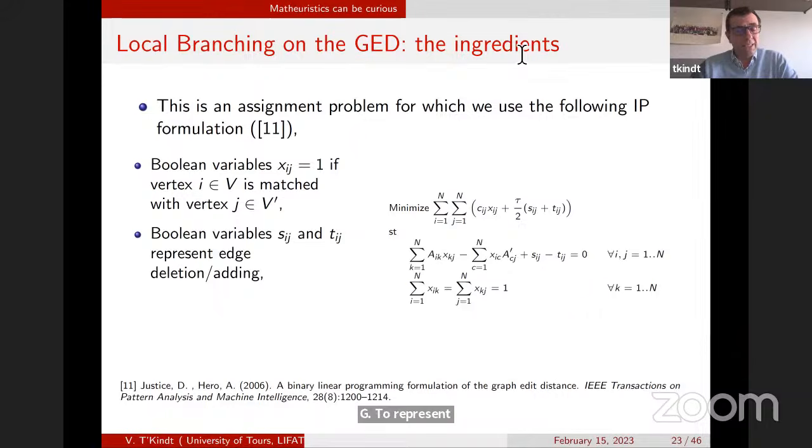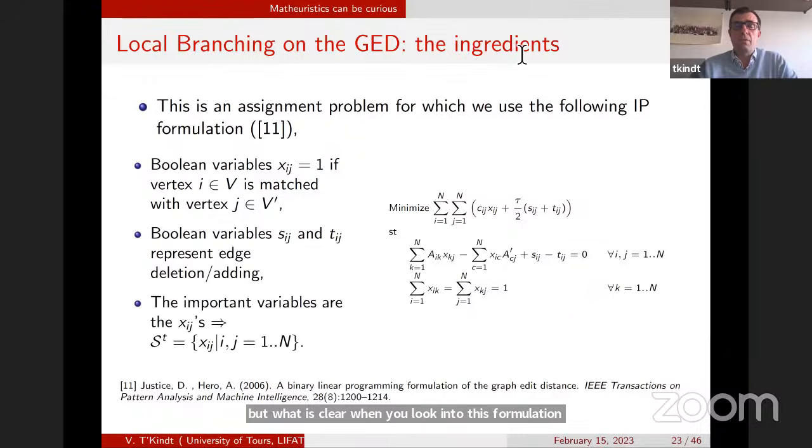But what is clear when you look into this formulation is that the key variables are the x_ij variables. When you have matched the vertices, then you have done your job, because then you know which edges and vertices you need to remove from G or to create from G. So we will focus on the x_ijs.